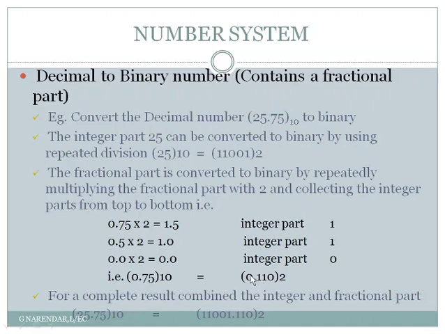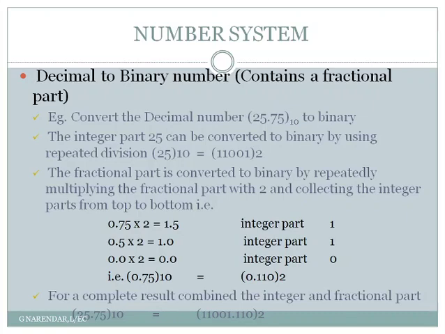So now the binary number becomes 0.110. So I can say that 0.75 in decimal is equivalent to 0.110 in binary. So how did we actually do it? We'll review this slide.